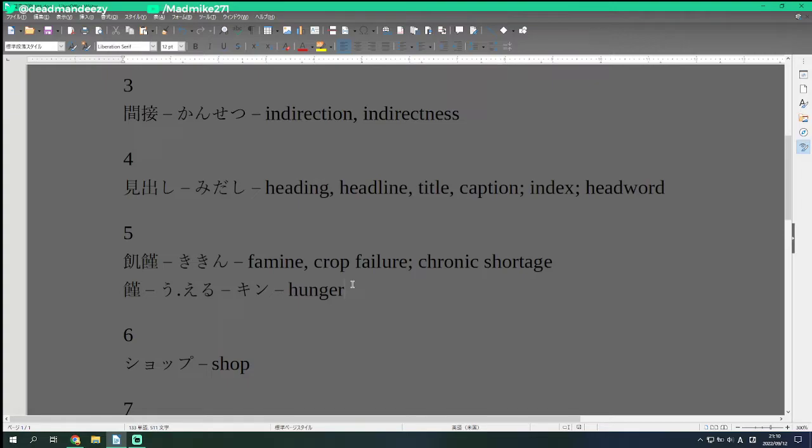Kin desu. Kikin no kin is hard to find food.